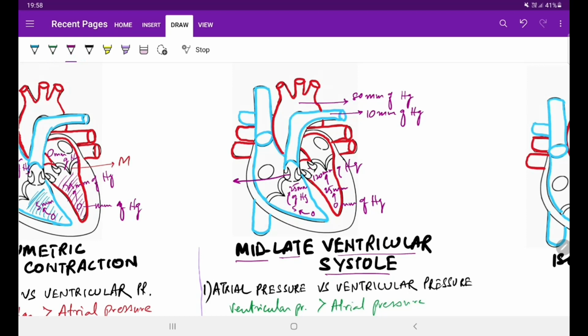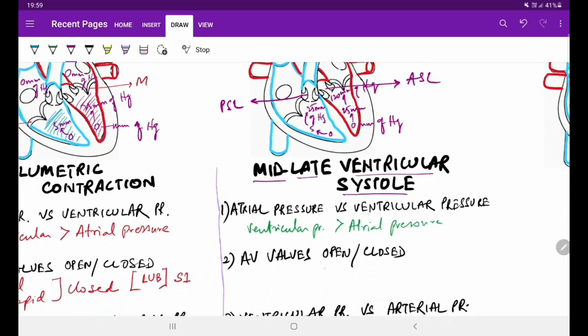They cannot dare open, but at the same time the aortic semilunar valve and the pulmonary semilunar valve will open so as to let the blood flow into them. That can only happen when the ventricles contract, and the ventricles now have so much pressure that they can easily contract and let the blood flow out of them into the vessels.